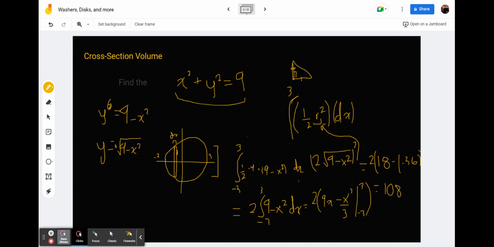So as you see, the integration was just an extremely small aspect of what we're actually doing. And I'm going to go over again what we did just to clarify what this means by cross-section volume. So what we did is we took the graph, we took a cross-section of that graph, and then we extended upwards in the triangle, and we multiplied that area by a very small width of dx.